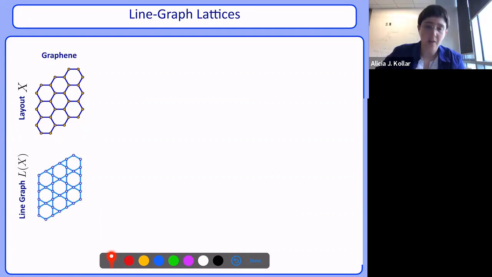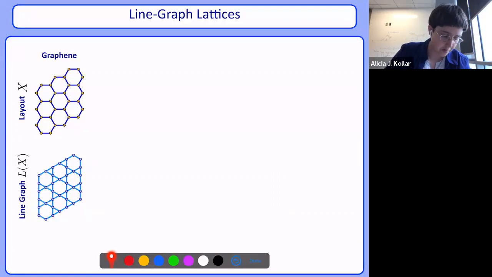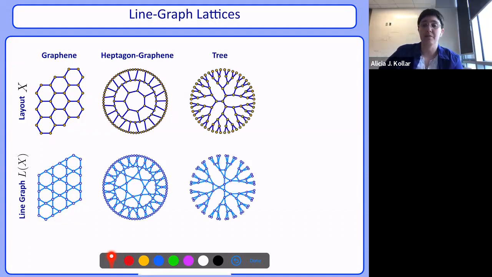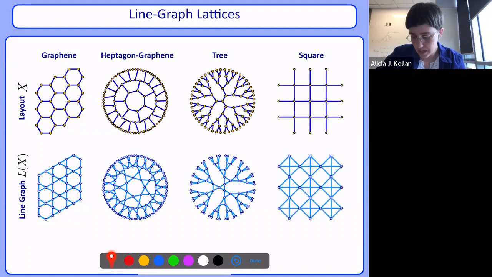And so I just want to look at a couple examples of line graph lattices. Sorry, this is the physics name for this honeycomb. The line graph of the honeycomb is this guy here, which we call the Kagome lattice. We were just looking at this pair, which is the one that we actually realized in the device. But of course, you can take line graphs of many, many other things, including the tree and the square lattice.